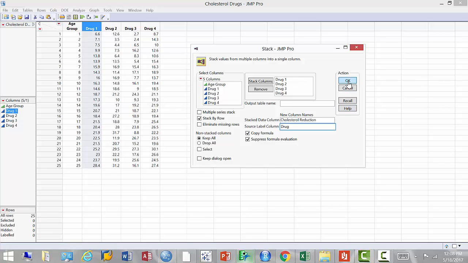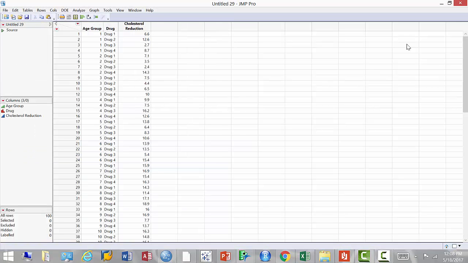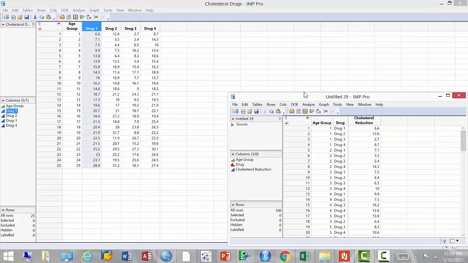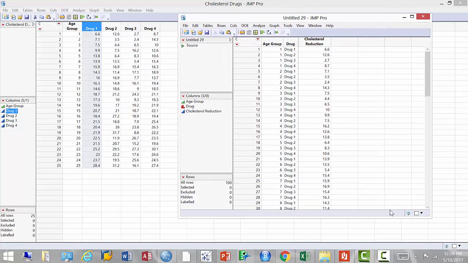And what happens when I click OK? Let's see. When I click OK, it actually creates 3 columns for me. So JMP, thank God, is smart enough to recognize. And let's actually keep both data sets together just to see what JMP did. Well, number 1, JMP actually realizes that this thing, which is labeled as age group, from 1 to 25, is ordinal data.